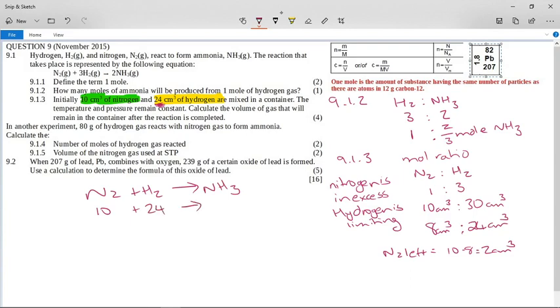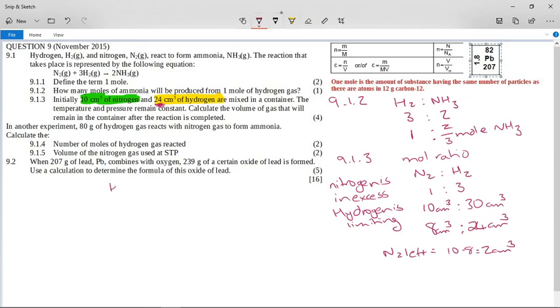So now we need to figure out how much ammonia we made, okay? So some of this is going to be left over. We've already realized we're going to have 2 cubic centimeters left over. But how much ammonia are we going to make? To figure out how much ammonia we're going to make, we have to now look at the mole ratio again. We have to look at the mole ratio of what is controlling this reaction, and we decided what is controlling the reaction is the hydrogen.